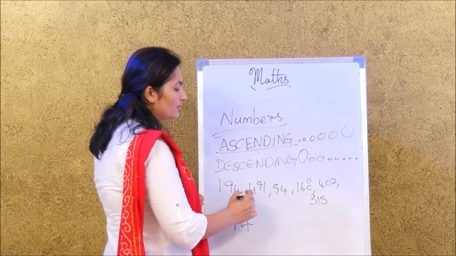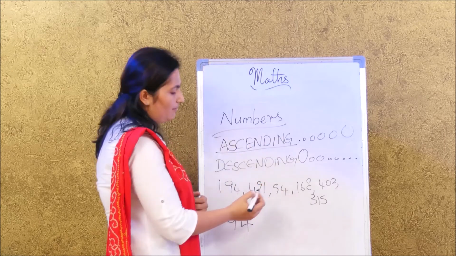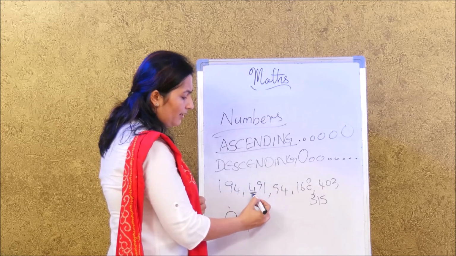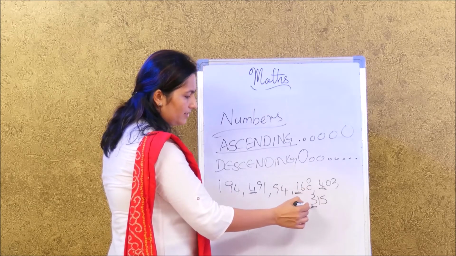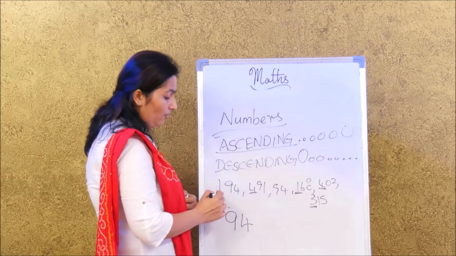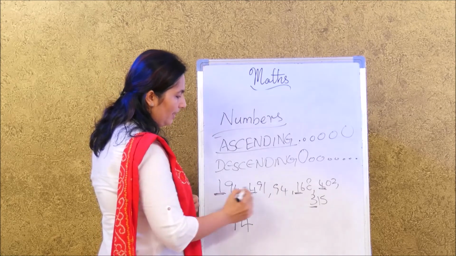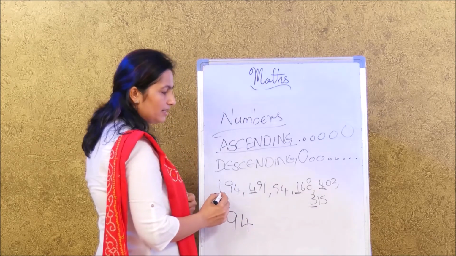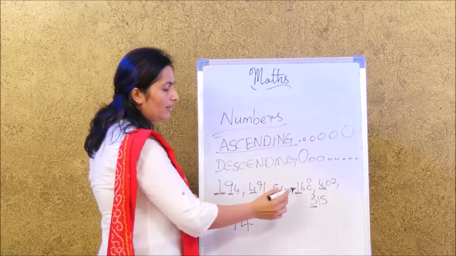Then we find which is the smallest of the 3-digit numbers. Look at this. This is 400, this is 100, this is 400, this is 300. Oh, there is one more 100. So, let us take the two 100s, this one 194 and 168. Which one is greater? 1 and 1 are the same.